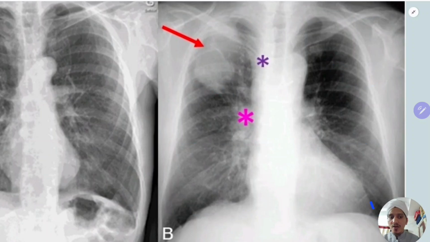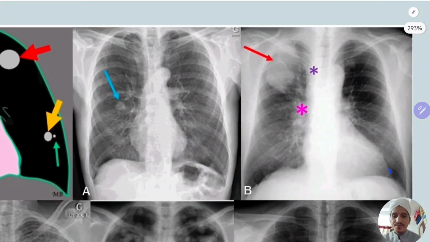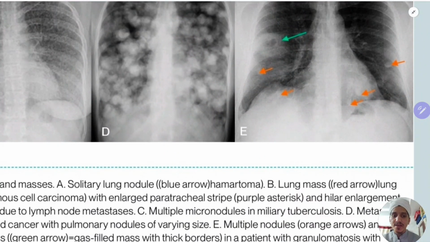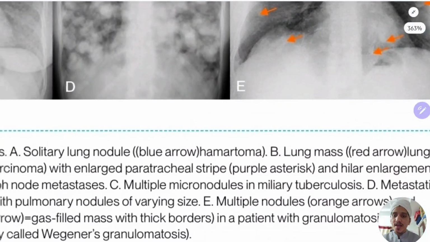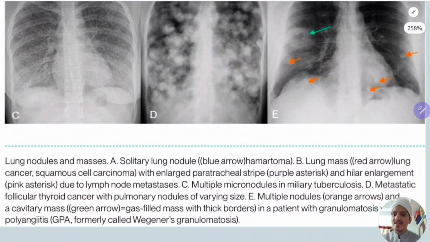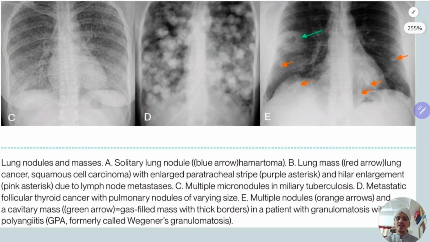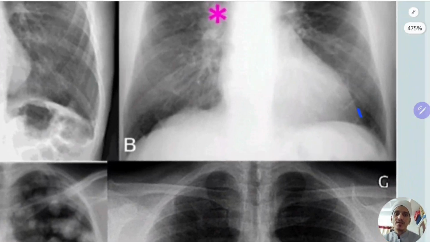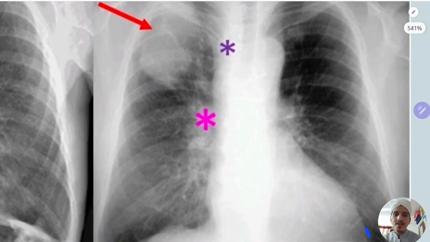So let us see the description now, what it is. B. So it is a lung mass and lung cancer. It is squamous cell carcinoma with enlarged paratracheal stripe and hilar enlargement due to lymph node metastasis. Because there is an asterisk, we are confused whether there is hilar fullness here.